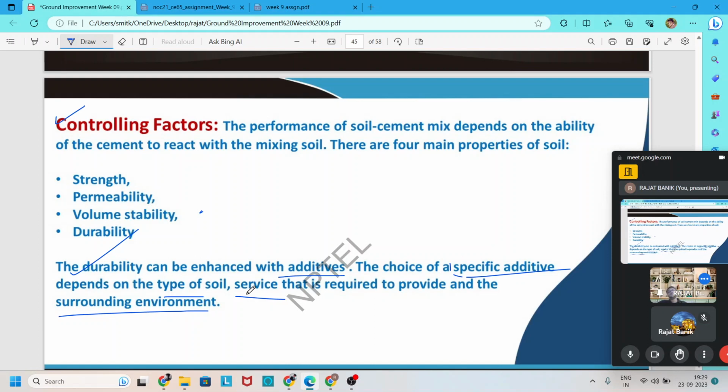These factors govern the choice of additives to increase the durability of the soil through soil cement stabilization.